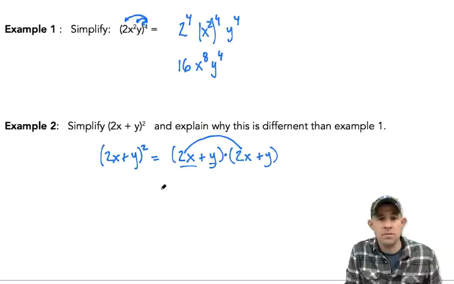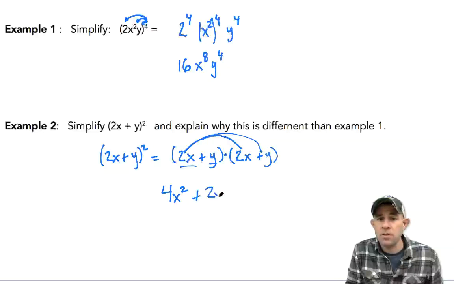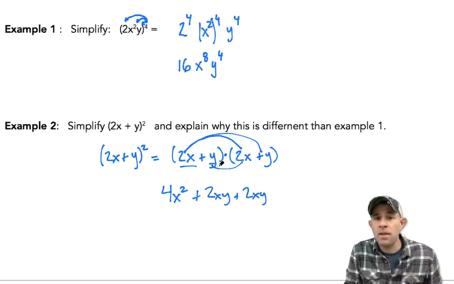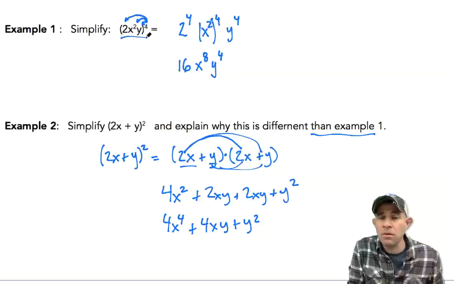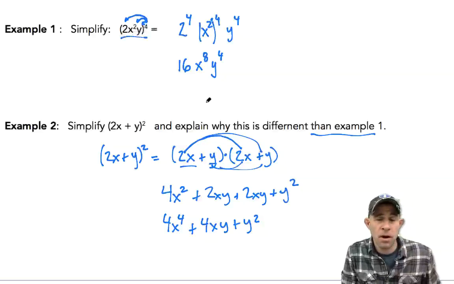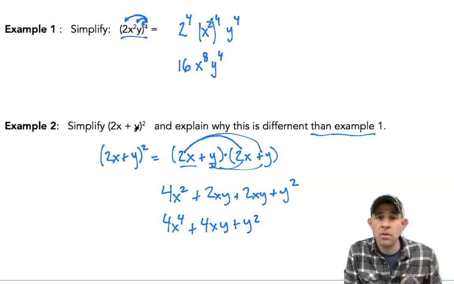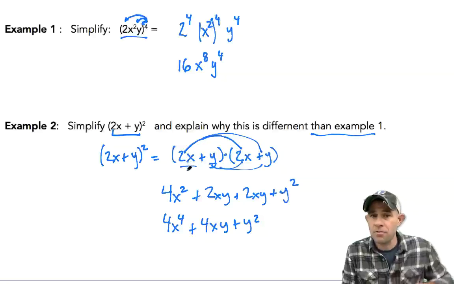So 2x times 2x gives me 4x squared. 2x times y is my 2xy, and then y times 2x is my 2xy, and then y times y is y squared. So in the end, we end up with 4x squared plus 4xy plus y squared. Now, this is different than example 1. Notice that we had a monomial, and we simply followed the properties of powers. Here, we need to expand this binomial and multiply it by itself.